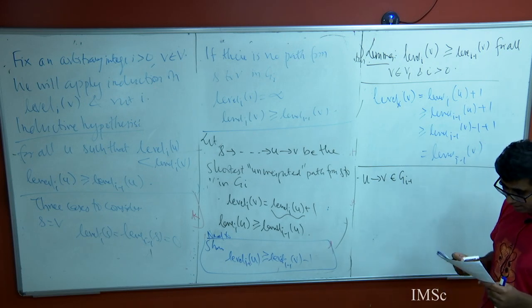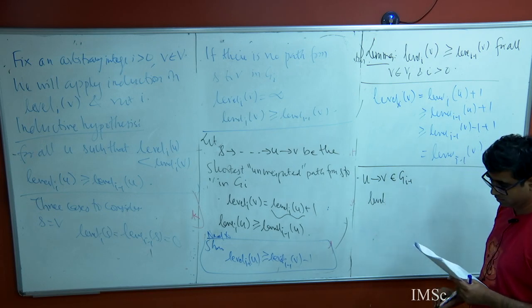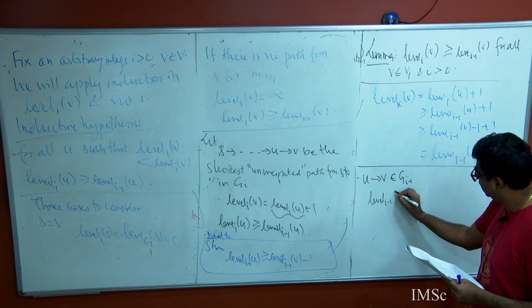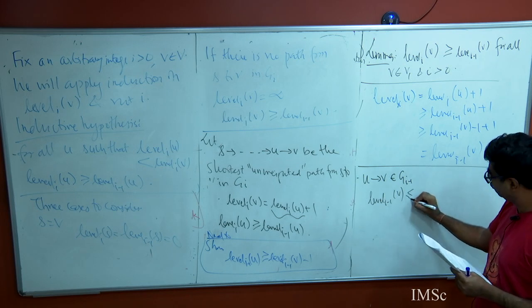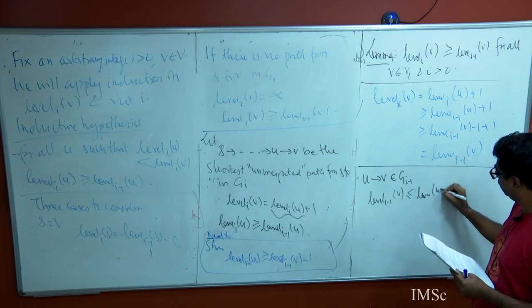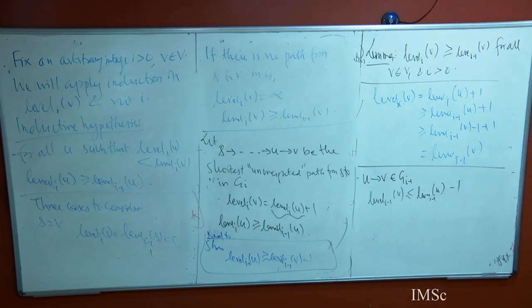Then clearly level_{i-1} of V is less than or equal to level_{i-1} of U plus 1, because I have the edge U to V. Whenever U comes, in the next level V has to come.